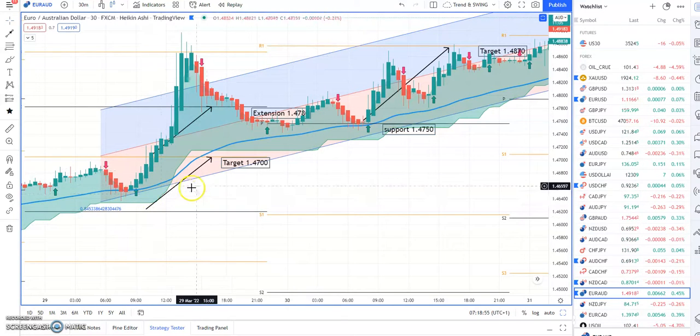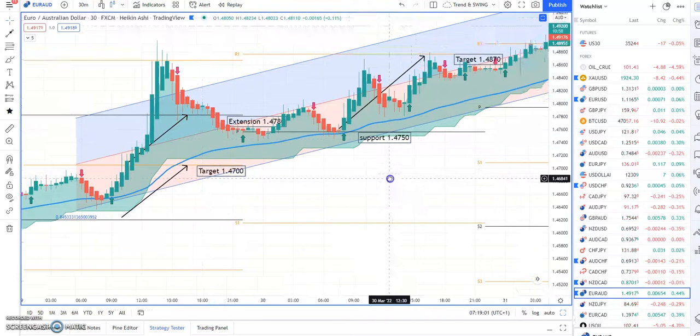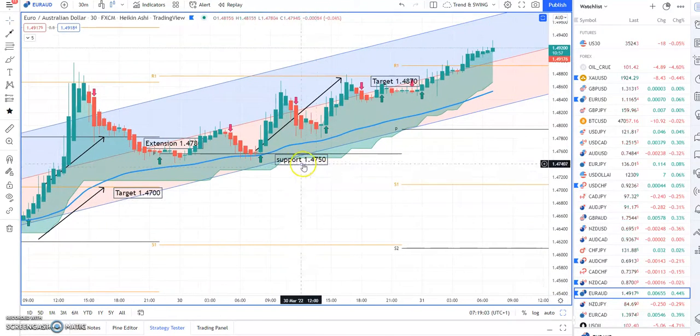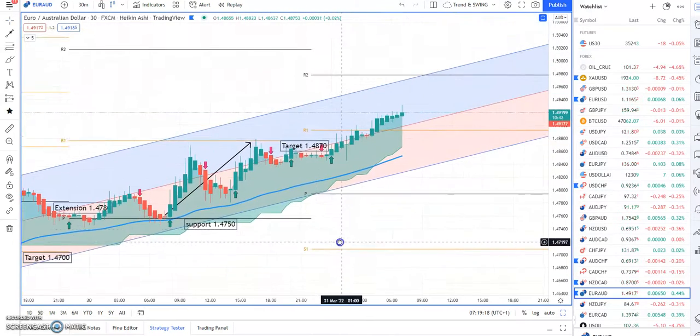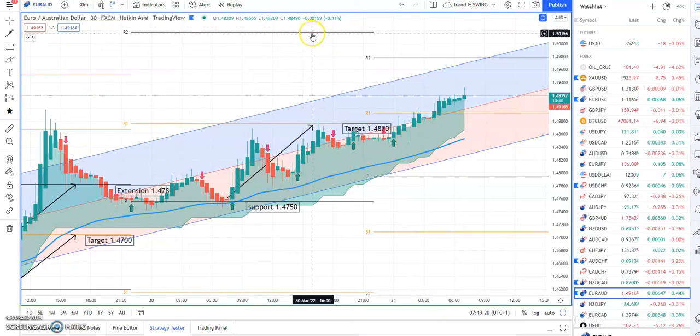So yes, we had initial target 147 hit, extension 147 hit, support yesterday at 147.50 into the buy zone here, correlation again, perfect correlation, and moved up to target 148.70. I only had that target. There was an extension up here, but it was just too far, to be fair.